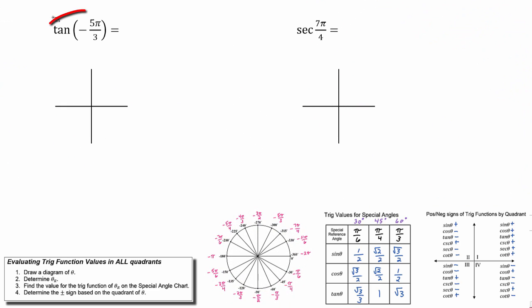Next up, we have the tangent of negative 5 pi over 3. Now, negative 5 pi over 3 lives in quadrant 1.